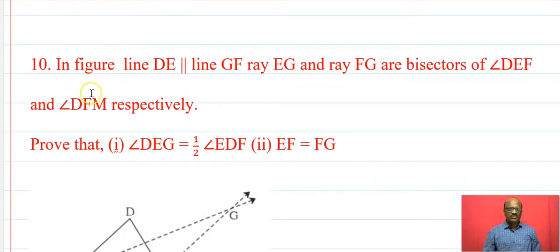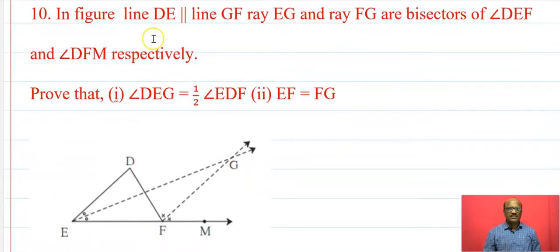Now, the next question. In the figure, DE is parallel to GF, and EG is the bisector of angle DEF, and FG is the bisector of angle DFM. I will again repeat: EG and FG are the bisectors of angle DEF and angle DFM.